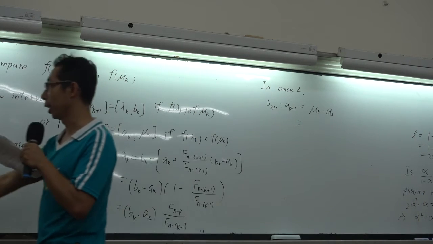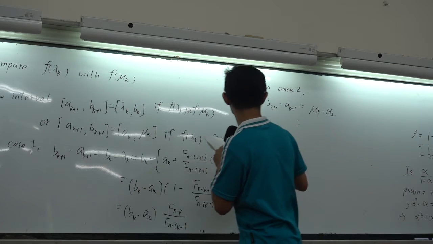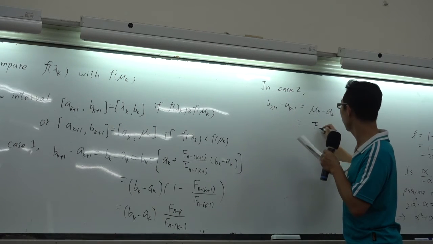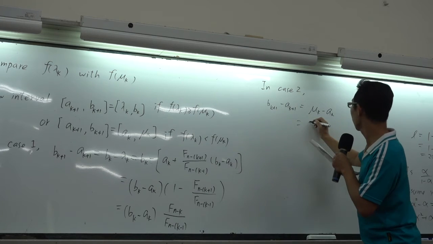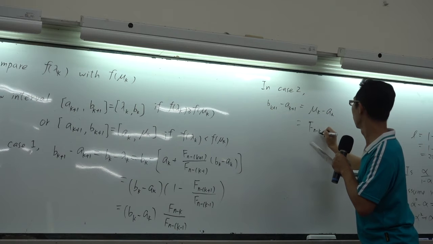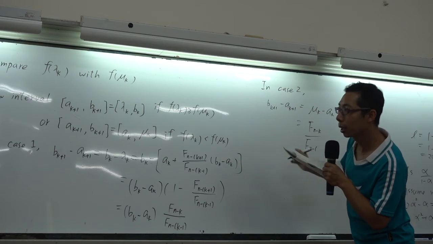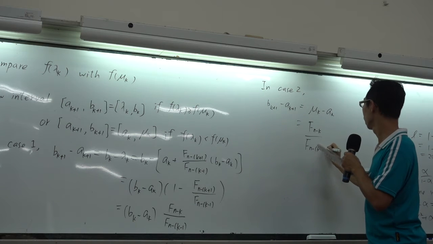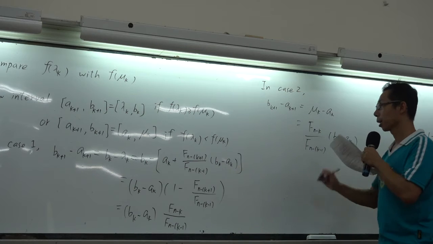And here is mu k. Mu k minus a k. Oh yeah, very good. We can directly write it down. So it becomes F n minus k divided by F n minus k plus 1, times b k minus a k. Great.